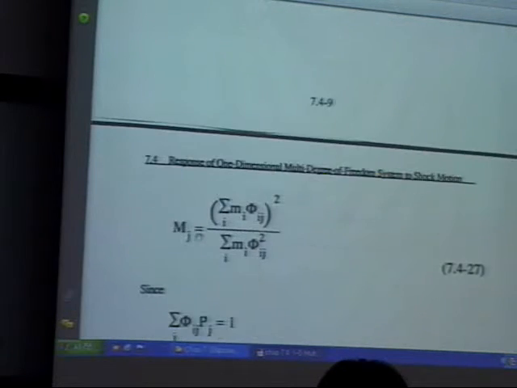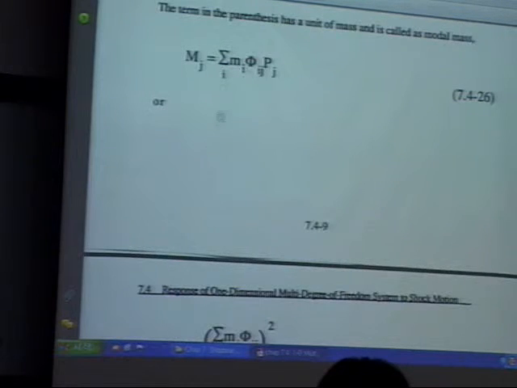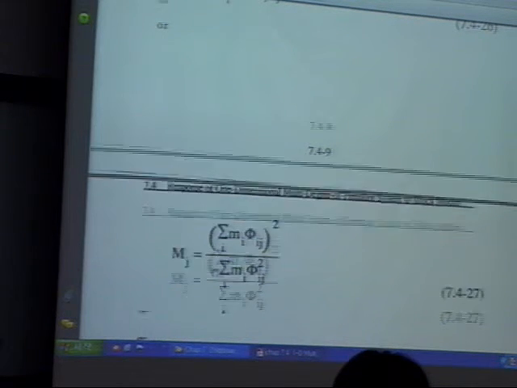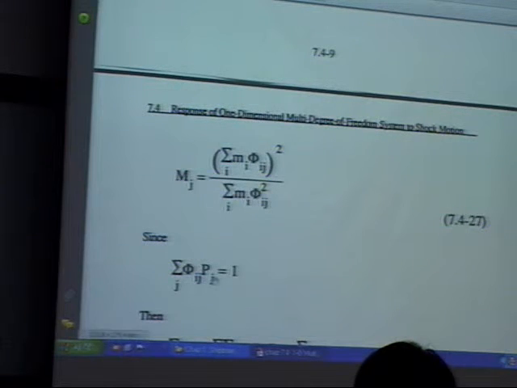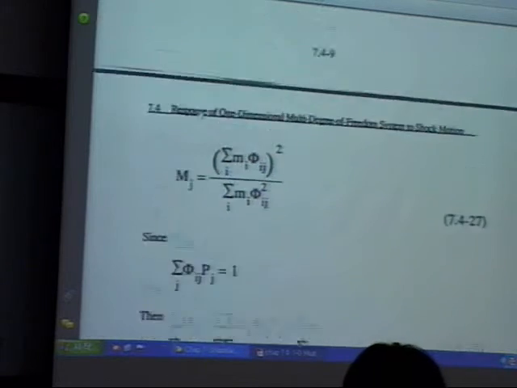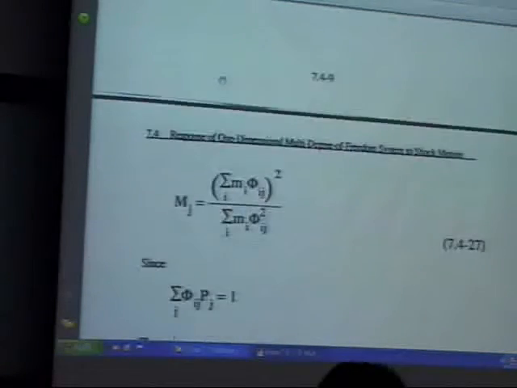For the jth modal mass, the expanded form is like this, as we talked about already. Then when you take a summation for all the modal mass, the mj expression is right here.